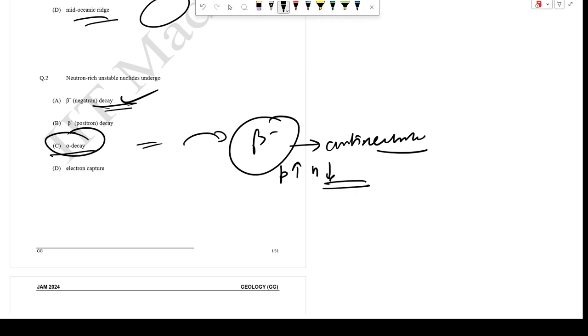And electron capture occurs when an inner shell electron is captured by the nucleus and combines with a proton to form a neutron, releasing a neutrino. So this increases the number of protons and decreases the number of neutrons. Therefore beta negative decay is the most likely decay mode for the neutron-rich one. So the answer to this question is A.